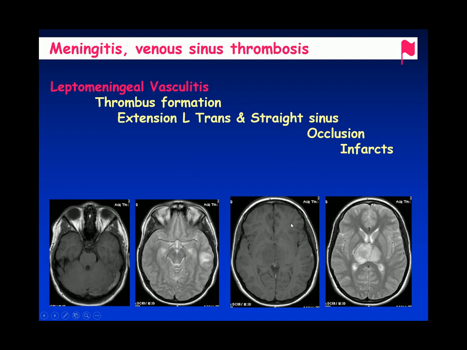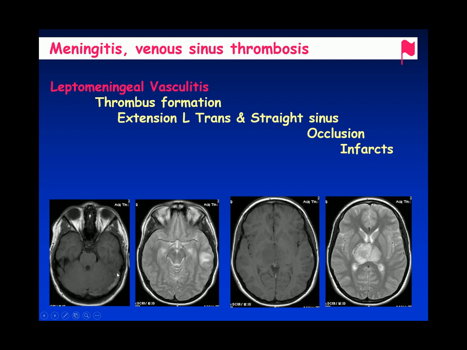Another case, again meningitis, resulted in venous sinus thrombosis, and again the root is leptomeningeal vasculitis, thrombus formation, and extension in that case into the left transverse sinus and the straight sinus. Here you can see the high signal intensity due to subacute thrombosis of the left transverse sinus.